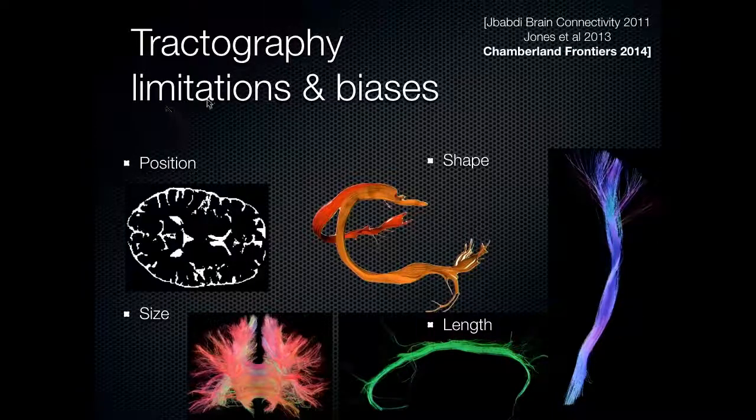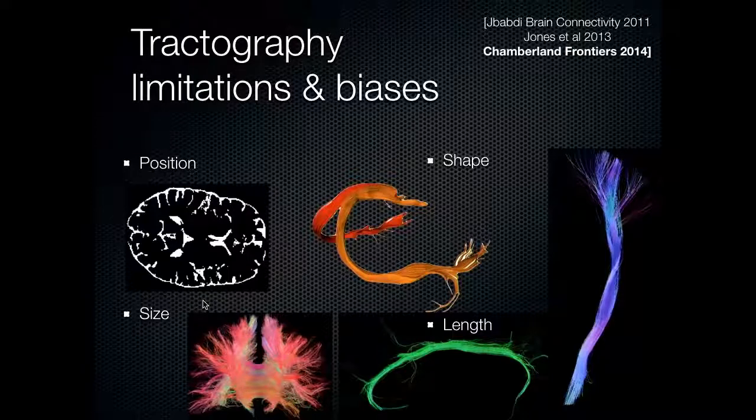One of the big problems of tractography is the biases related to these four things. Position: tractography is harder in the deep structures and near the cortex than in the middle of the corpus callosum. So there's a spatial dependence.